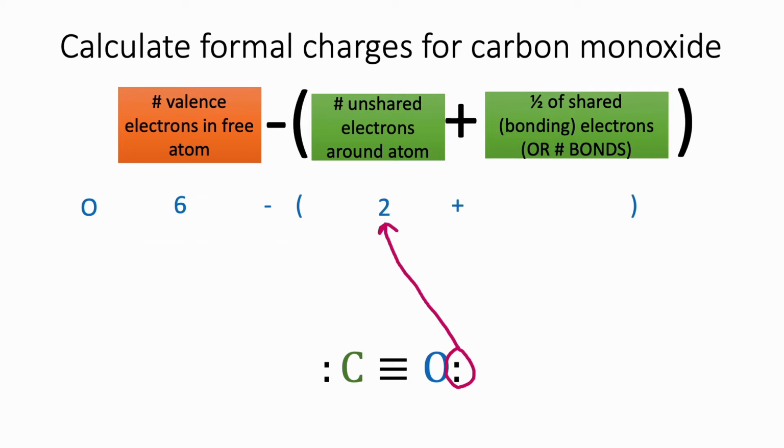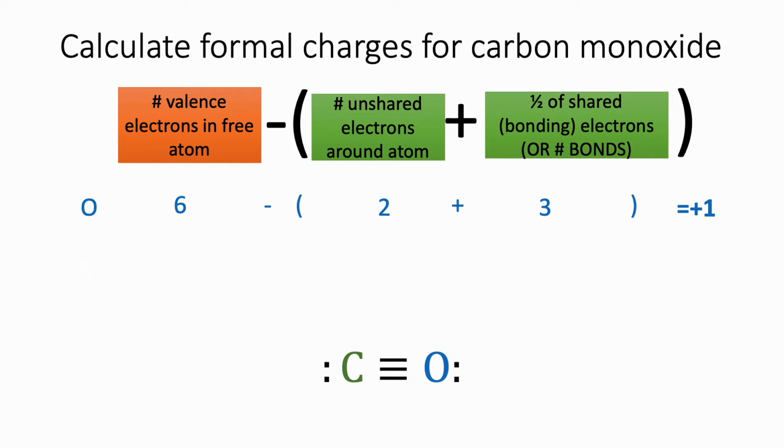And then the other thing is that we have to put 1/2 of the shared electrons, which is equal to the number of bonds. So you can see we have a triple bond here, and that would be 6 electrons, but we're only taking half of them. So we have 3 for this value here, which also happens to be the number of bonds because it's a triple bond. So the parentheses 2 plus 3 is equal to 5. 6 minus 5 is plus 1.